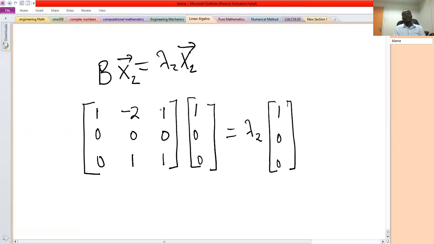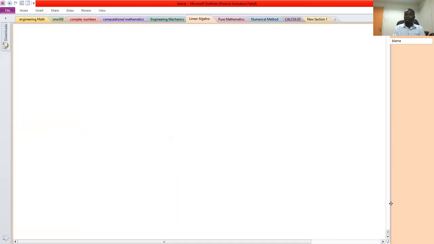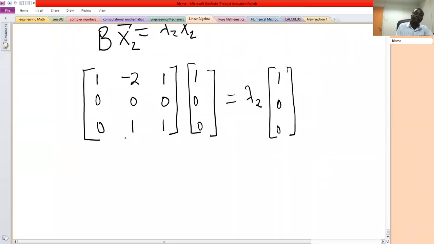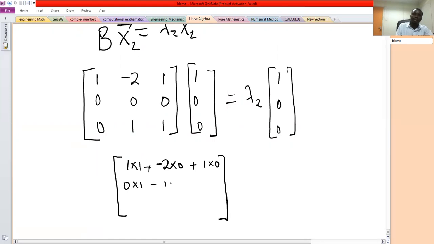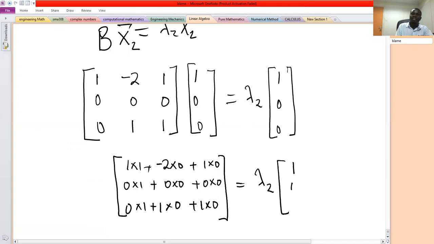We have shown that this product can be written as a linear combination of 1, 0, 0. So we'll have 1 times 1 plus minus 2 times 0 plus 1 times 0, 0 times 1 plus 0 times 0 plus 0 times 0, 0 times 1 plus 1 times 0 plus 1 times 0 equals lambda 2 times 1, 0, 0.